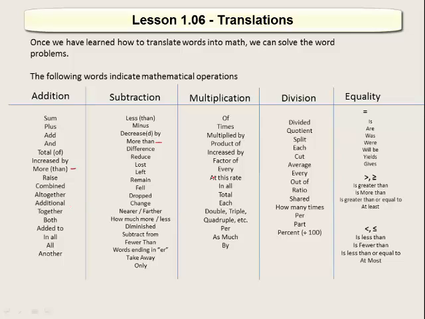If you look at multiplication, we have "total," and in addition we have "total." Again, you'll need to look for context clues to determine which operation you need to do. So just be aware of this list. It can really help you out when translating word problems.